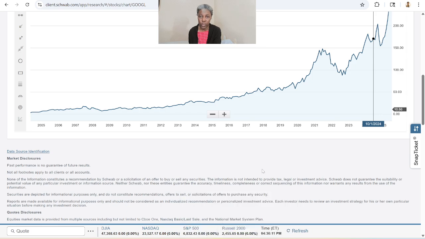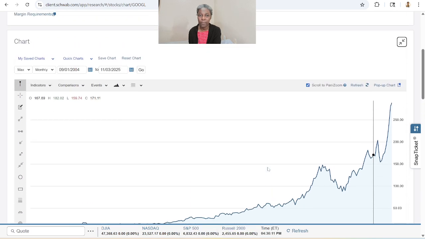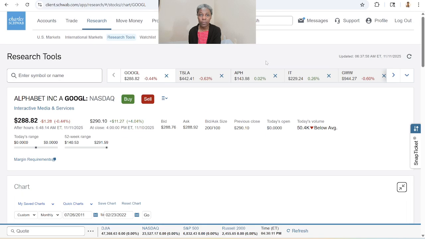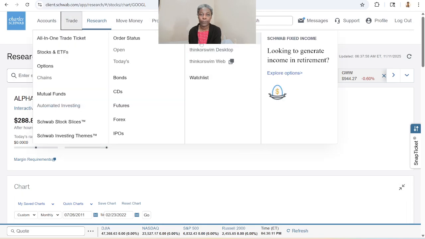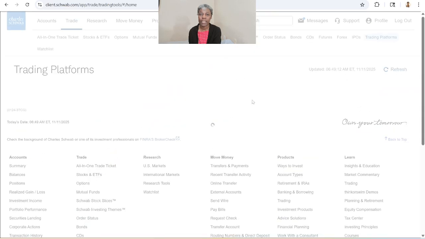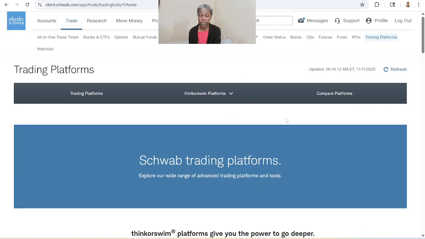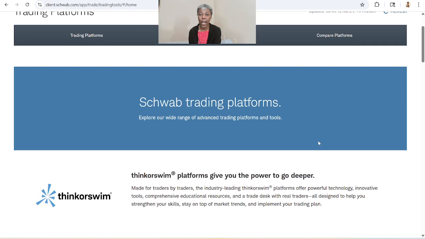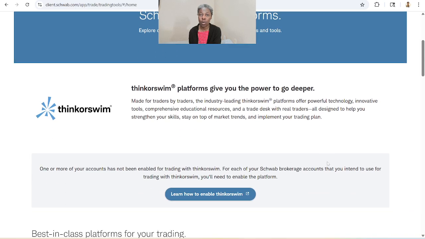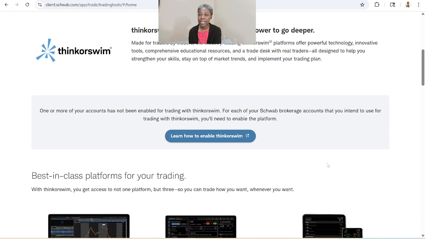If you have a Charles Schwab account, you know they have been around for decades. So again, when you are investing, it is a long-term thing. Even when you are swing trading, it is a long-term thing. So it's good you do your due diligence to create your account with a good brokerage firm, because when you are investing or swing trading in the stock markets, your money is not insured by the FDIC.